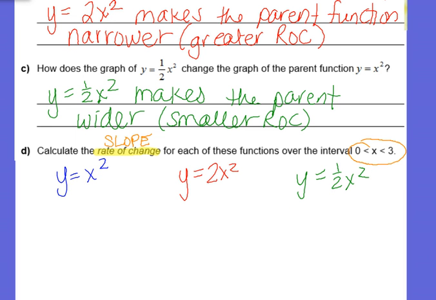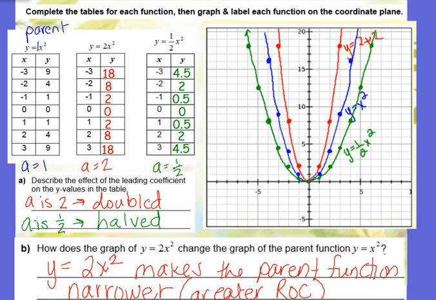Okay, so if I need to find the rate of change for each of these, then I need to find the slope. Do you remember the slope formula? It is y2 minus y1 over x2 minus x1. Okay, so for y equals x squared, from 0 to 3 means that we will use when x is 0 to when x is 3 as our two ordered pairs.